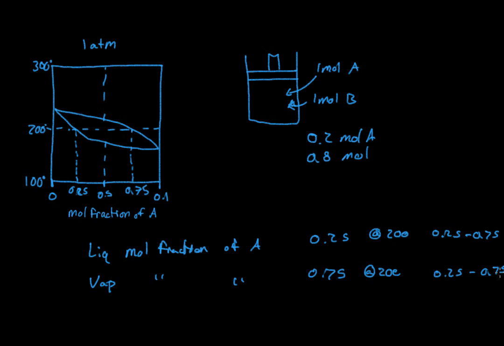And the other thing I want to talk about is when you have a mole fraction that is 0, this is actually the boiling point of B, and this is the boiling point of A, or BP of A, because that's a pure substance.